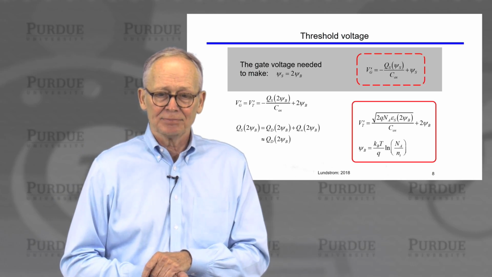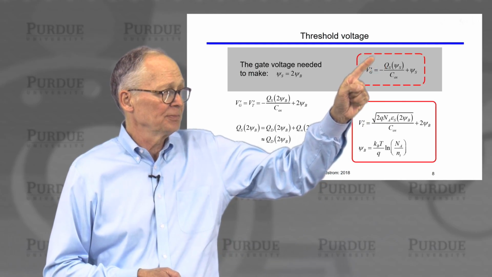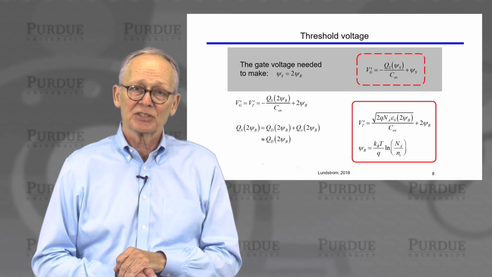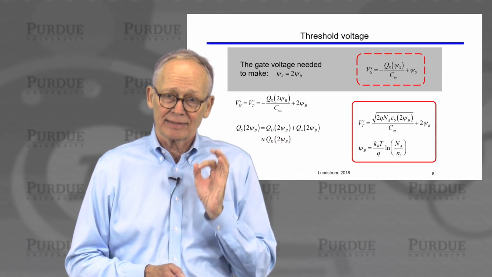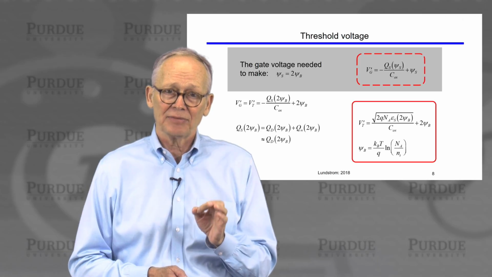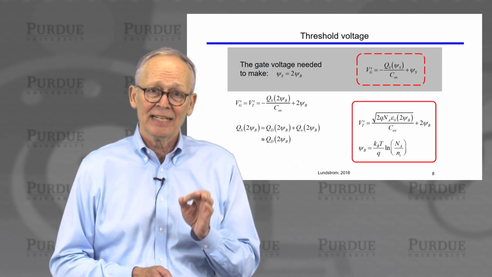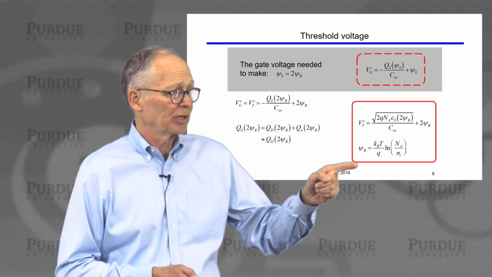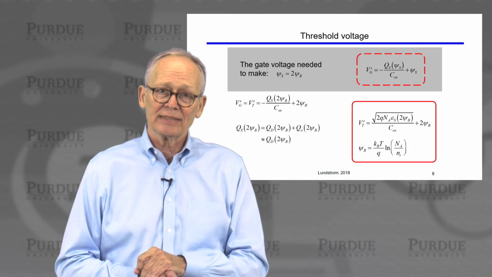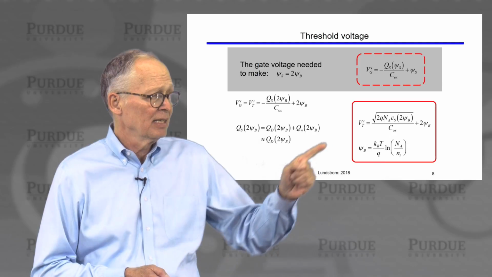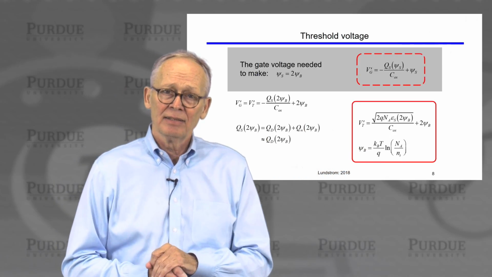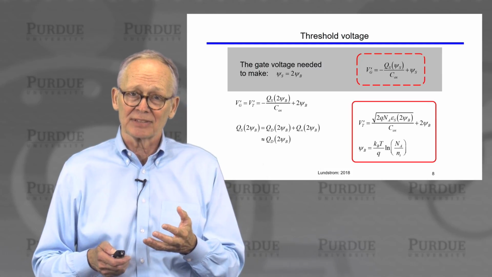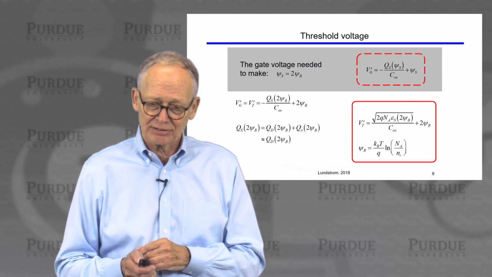Well, that makes it easy, because since we know how to compute the charge, and we know the surface potential is 2 psi b, we now have an equation that tells us what gate voltage we have to apply to create an inversion layer. That's V sub t, the threshold voltage. And it depends on this critical band bending, which is twice this parameter psi b, which is easily calculated from the doping of the semiconductor and its intrinsic carrier concentration.